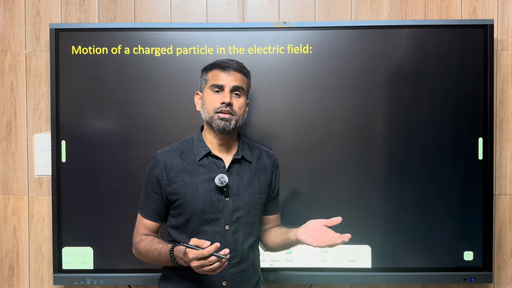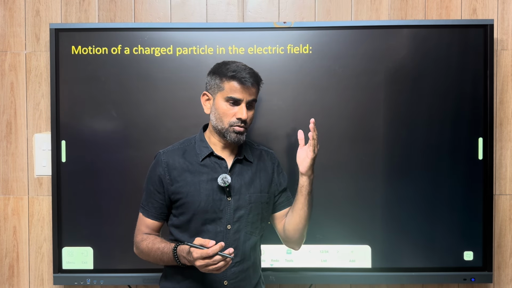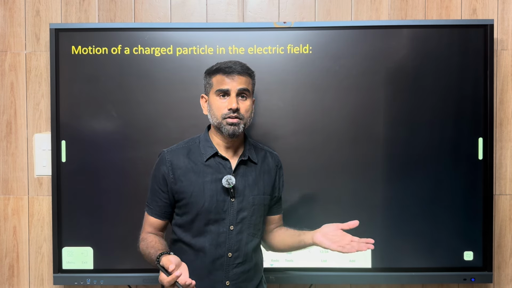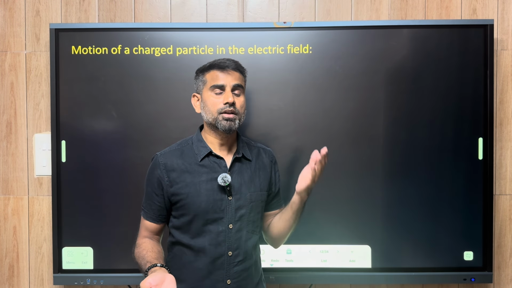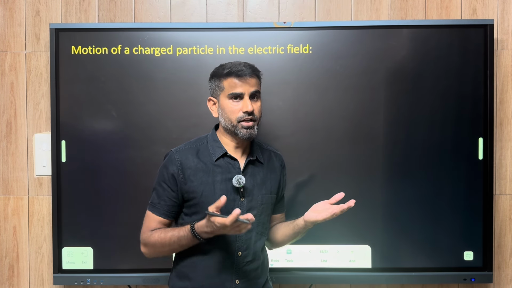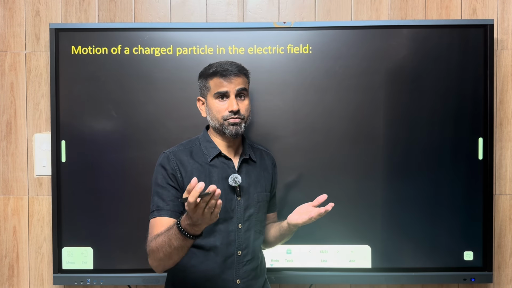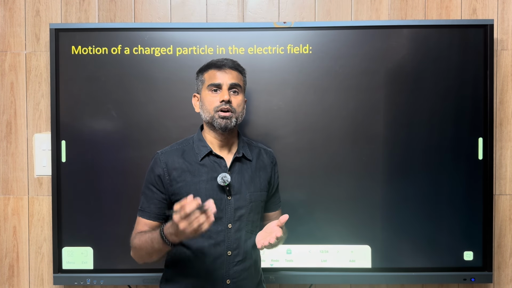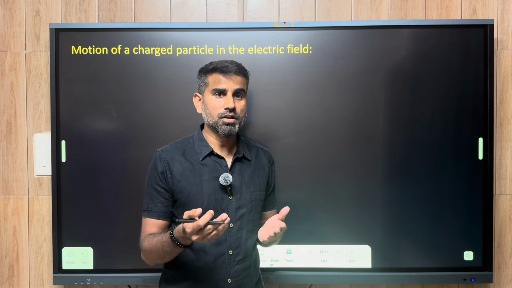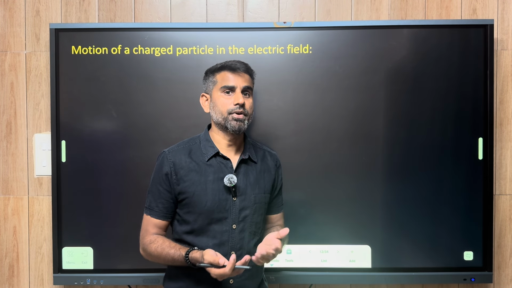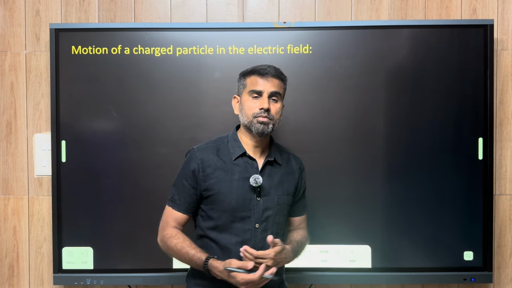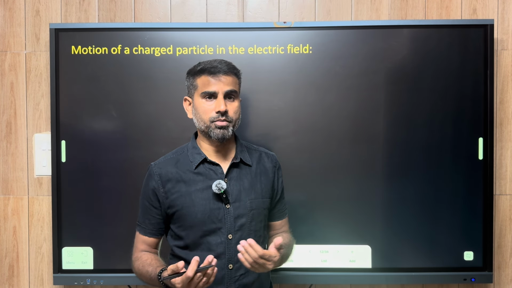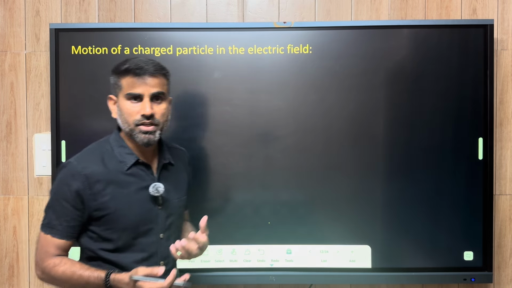We can consider the case with gravity, without gravity. We can consider the direction of motion of the charged particle in the direction of field or opposite to the direction of field. And we can also consider the direction of motion perpendicular to the direction of field as well. So we can consider many cases according to the requirement. Let's discuss some of the cases.